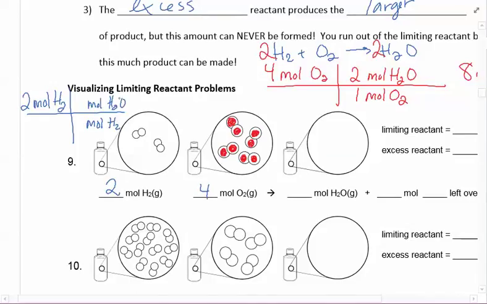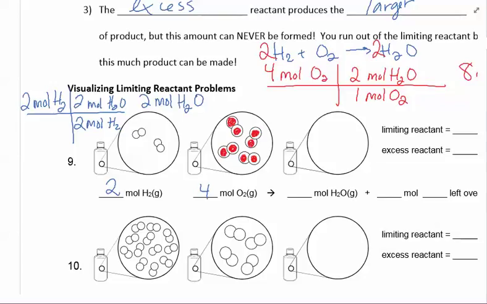I'm going to water because I want to compare. Granted, in this case, I only have one product. This is a 2-to-2 ratio, meaning I'm going to make 2 moles of water. Okay, so I have the option, so based on the hydrogen, I could make 2 moles of water. Based on the oxygen, I could make 8 moles of water.